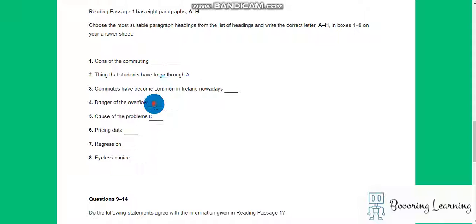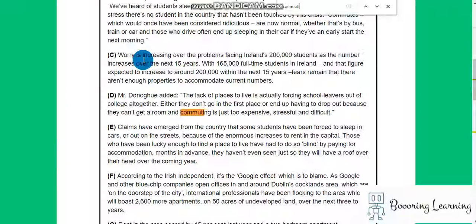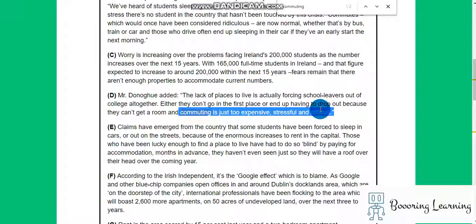Yeah, it is kind of E. Okay, what is the cons of the commuting? Commuting is just too expensive, stressful and difficult. Okay, I think it must be D.